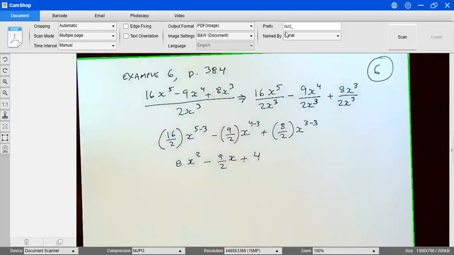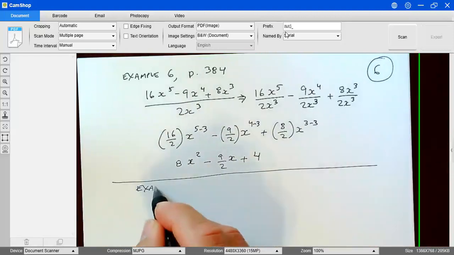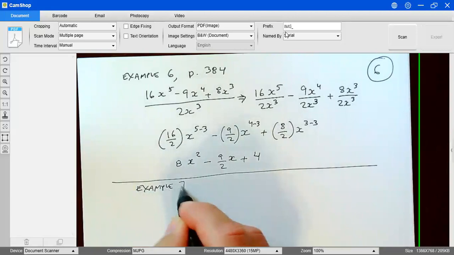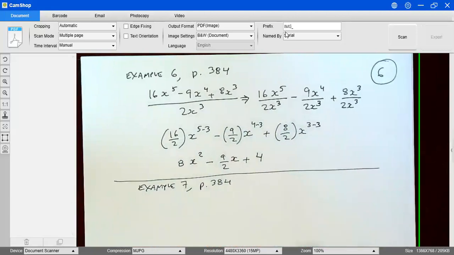So that's example 6. One more example and we finish the lecture corresponding to this day. So this is example 7 on page 384.